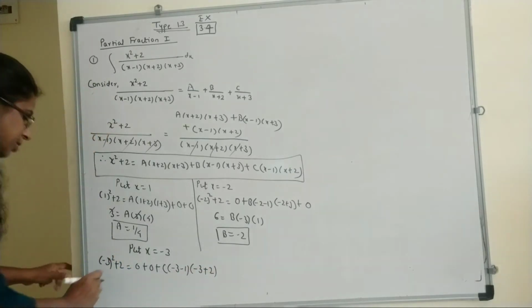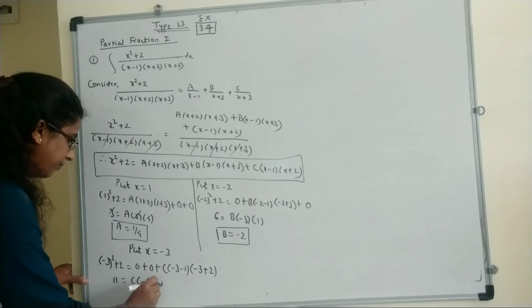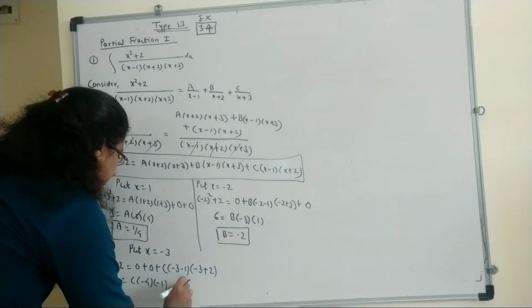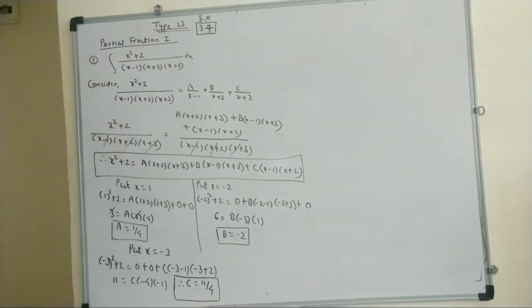So 9 plus 2, it is 11, is equal to c times minus 4 and minus 3 plus 2, it is minus 1. So we get c as 11 upon 4. या व्हॅल्यू चेक करा एकदा सगळ्यांनी. c is equal to 11 upon 4.